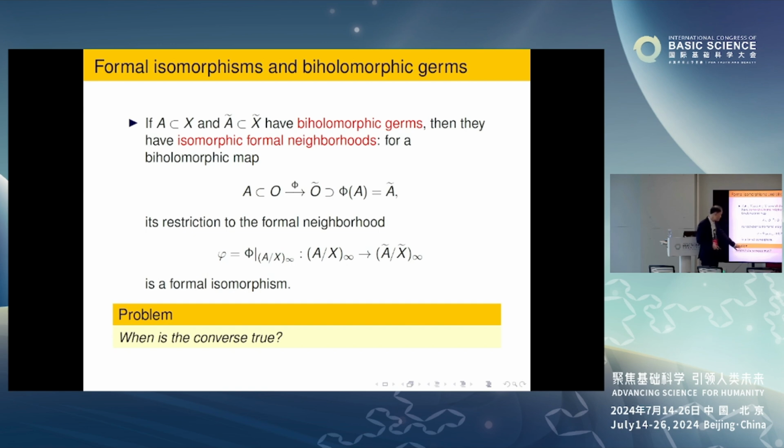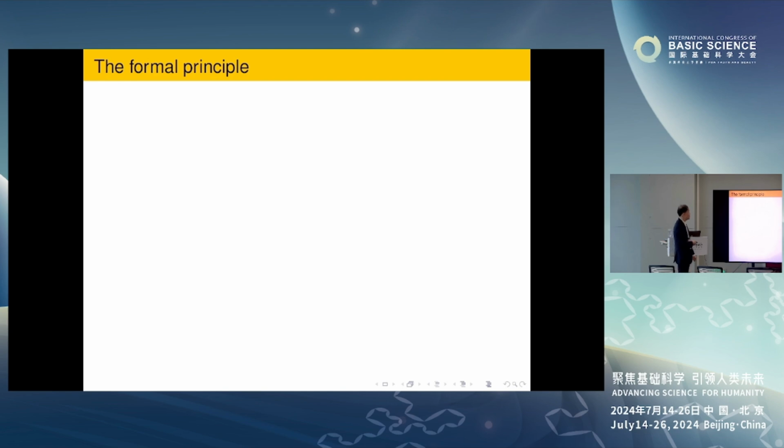People get interested in this problem for that reason, that it reduces an uncalculable problem to a calculable problem. So this is the motivation for the main definition, the definition of a formal principle. Grauert introduced this concept.